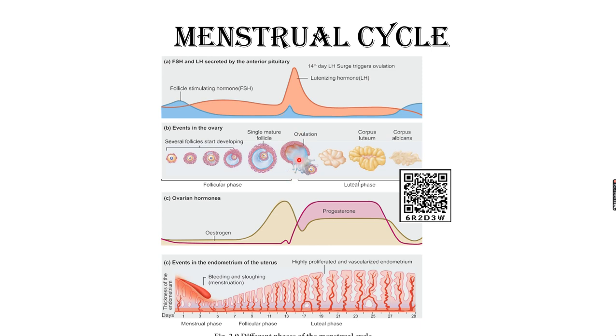So ovulation occurs on the 14th day. And the last one is the luteal phase. The menstrual phase occurs from the 1st to 5th day, the follicular phase from the 5th to 14th day, ovulation on the 14th day, and the 15th to 28th day is the luteal phase.